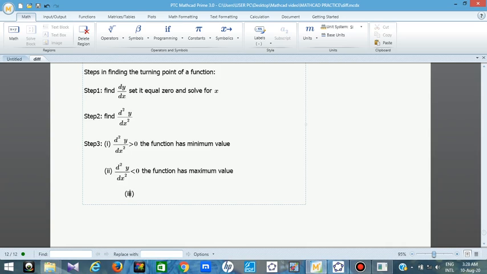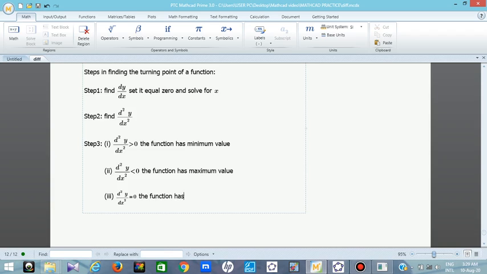So if the second derivative is equal to 0, the function has a point of inflection.